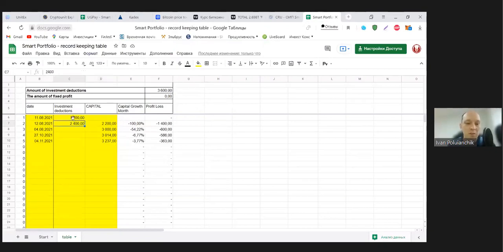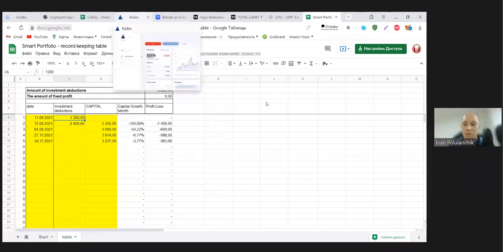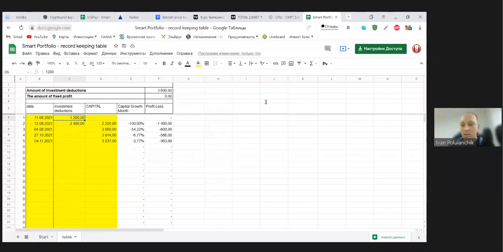So the overall investment is almost brought back, and the follow-up growth will generate our profits, and our expenditures to buy Smart Portfolio will be compensated.